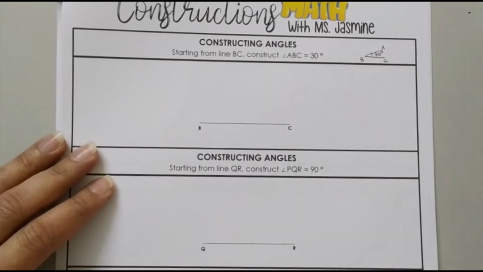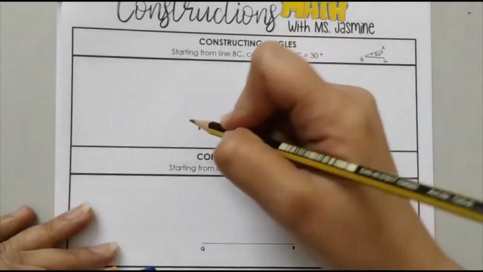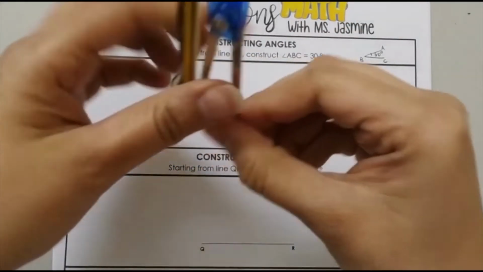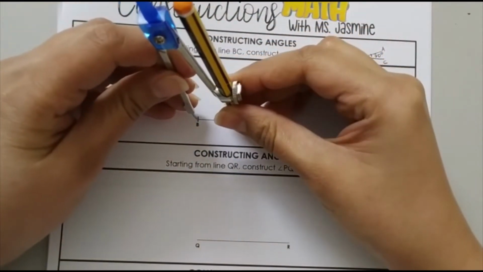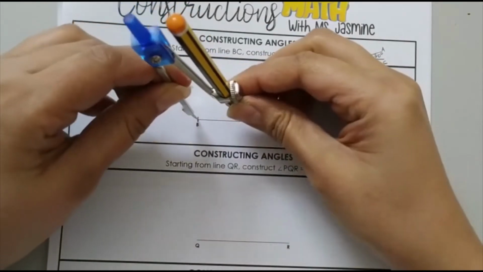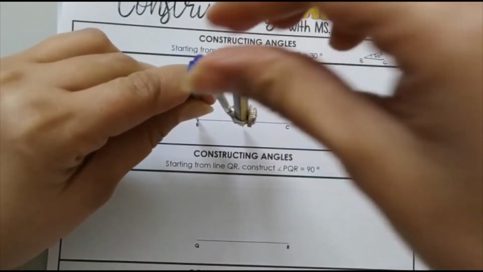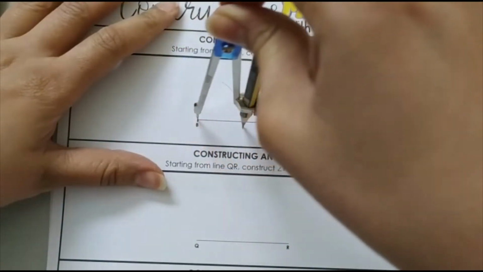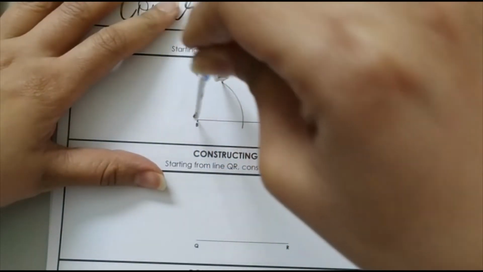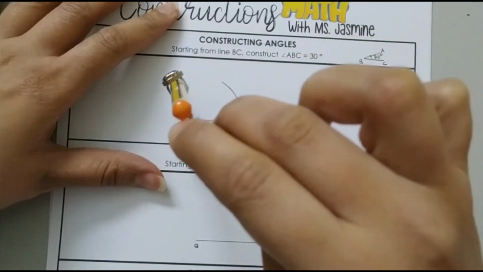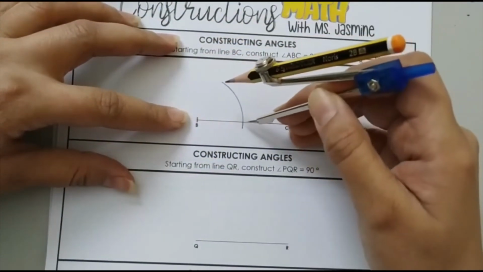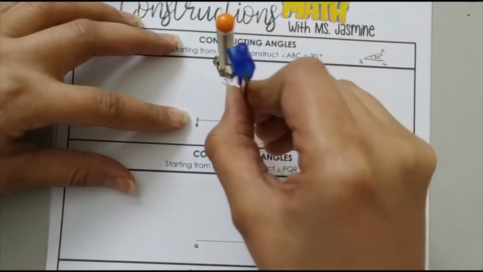So what I'm going to do is, I'm going to mark my point at B, and from B, I'm going to do what I did with the 60-degree first. I'm going to draw a curve. Just drew a curve, a 60-degree curve, and then I'm going to go to my point that I created.